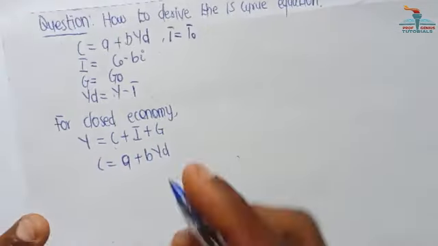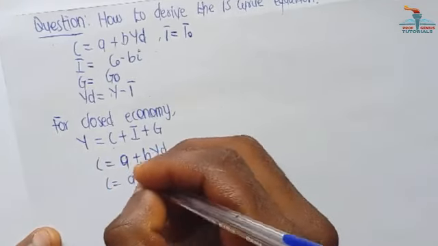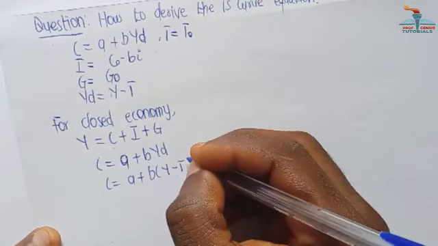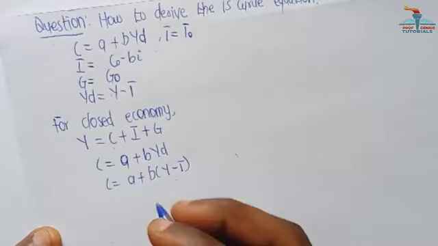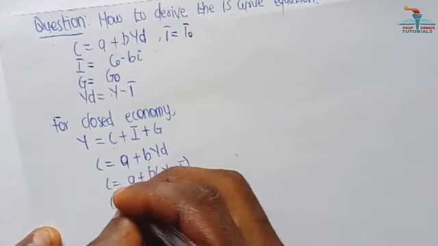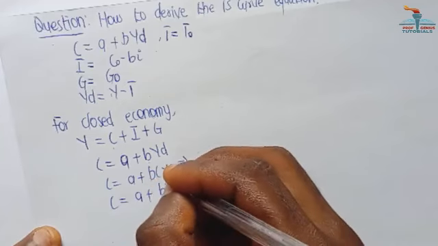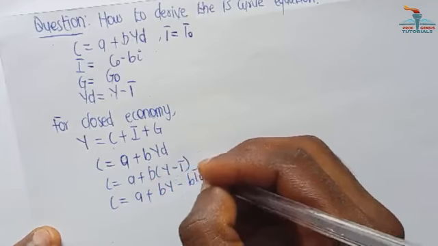But we know YD is equal to Y minus T, so C is equal to A plus B bracket Y minus T. But T is equal to T naught. So it means that we have C is equal to A plus BY minus BT naught.